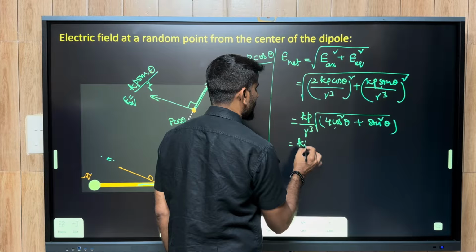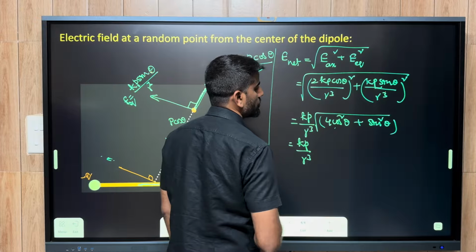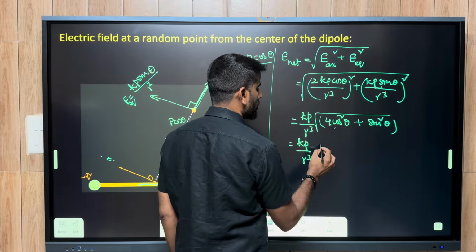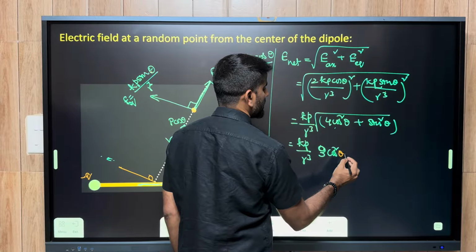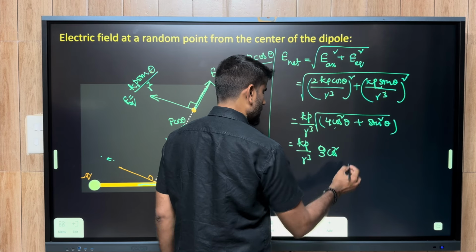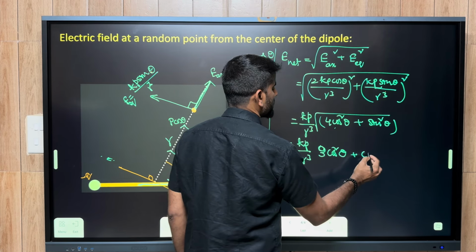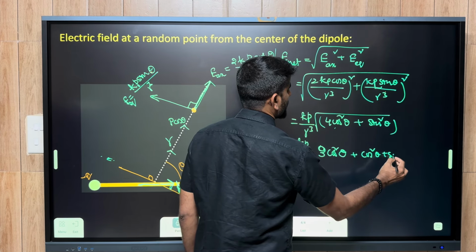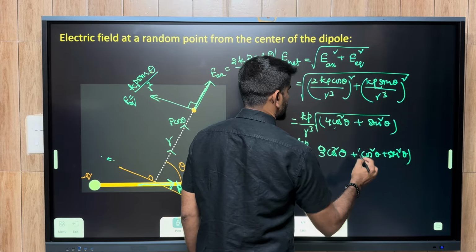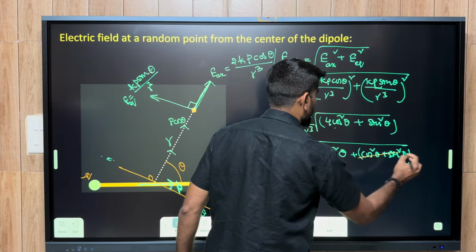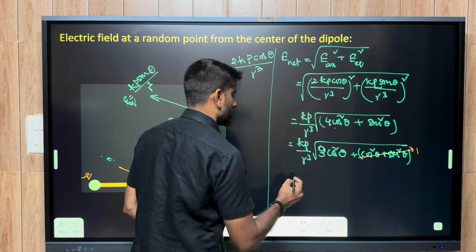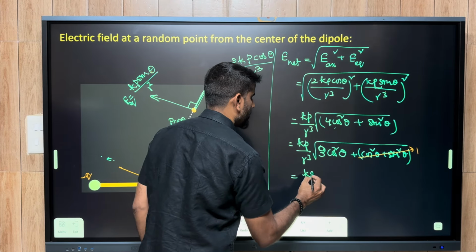Okay, now this kp by R cube, I can write this 4 cos square theta as 3 cos square theta plus cos square theta, plus sin square theta, root over. This cos square theta plus sin square theta can be written as 1. So what am I getting?